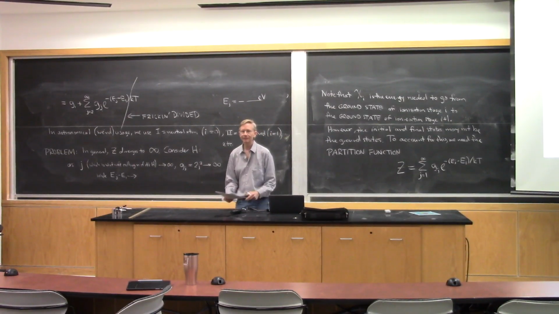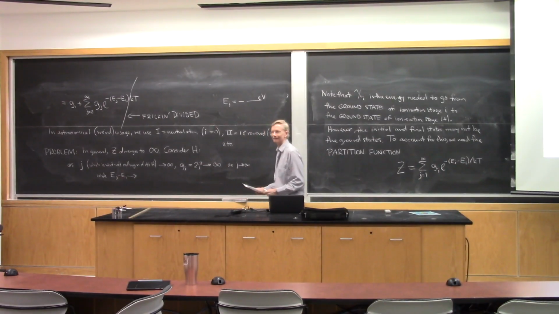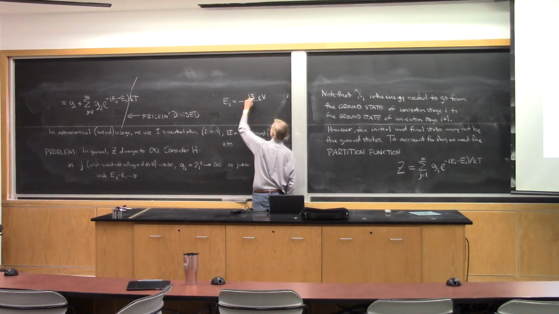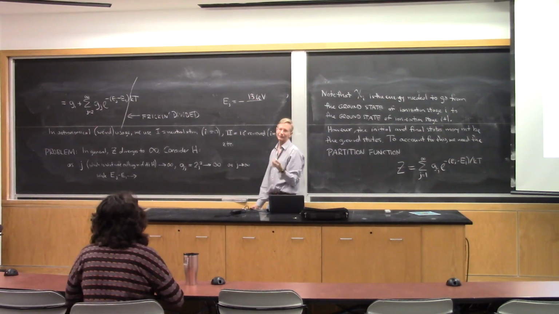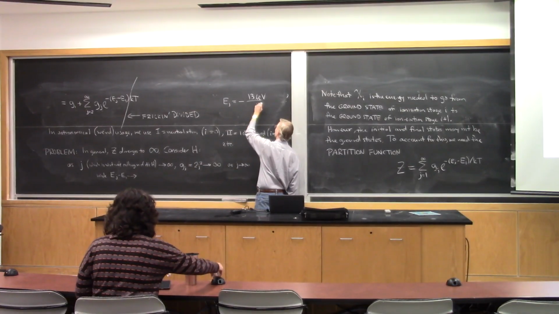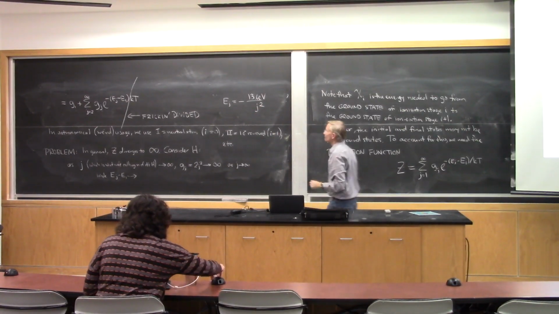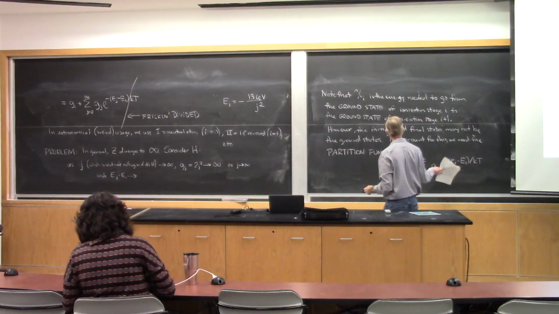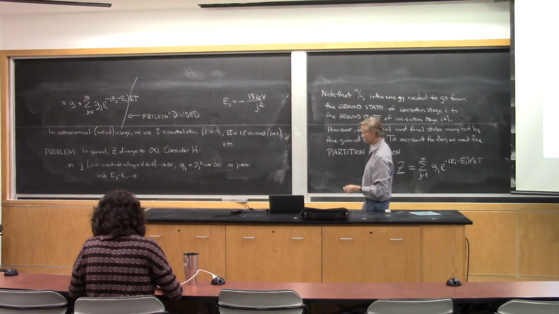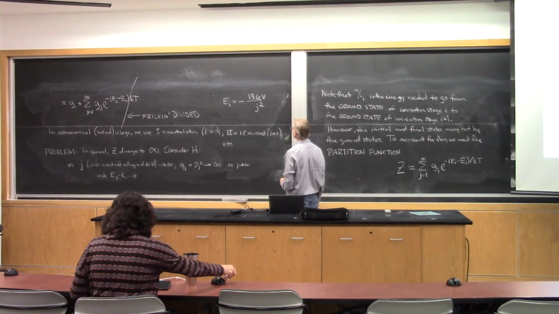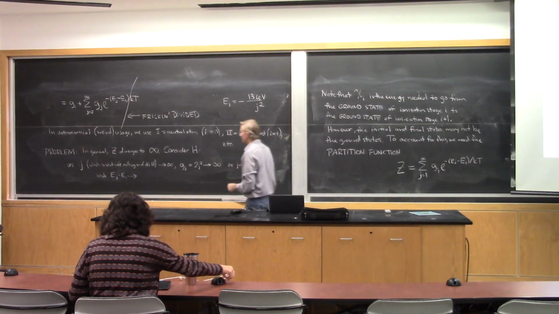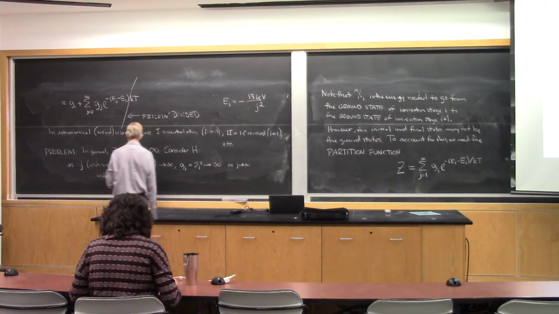What is it? 13.6 over N squared. Except we're calling it J, so it's minus 13.6 eV over J squared, just because I'm using J as a generic label. For hydrogen, E sub J is equal to minus 13.6 over J squared.